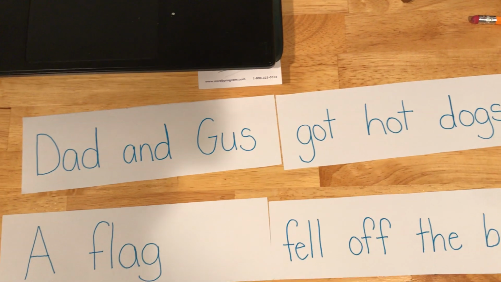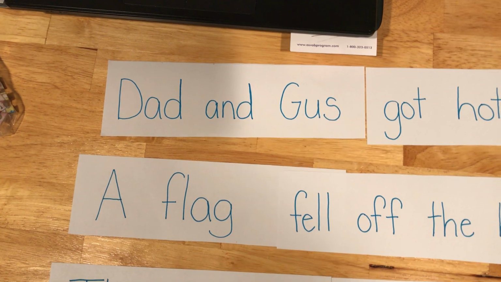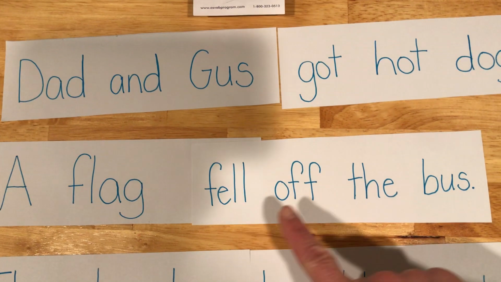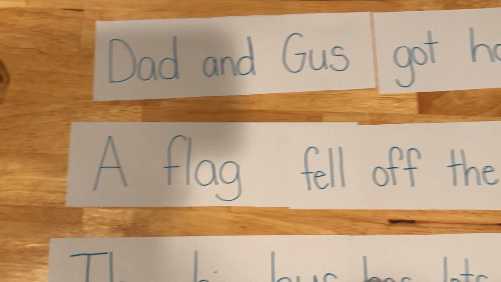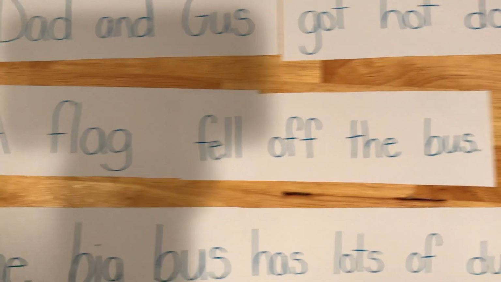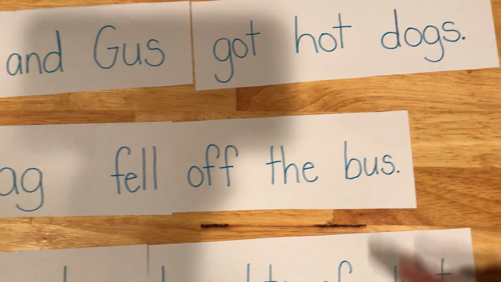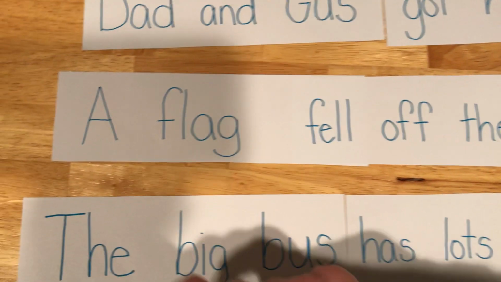All right, well, let's see if this makes sense. We've got a naming part and a telling part. Is there an uppercase letter at the beginning? Good. How about a period at the end? Yep, there is.